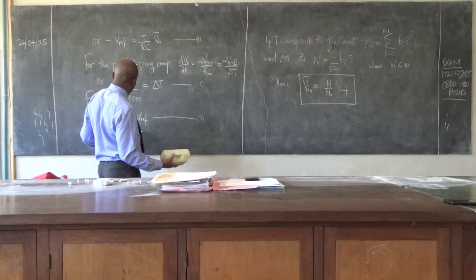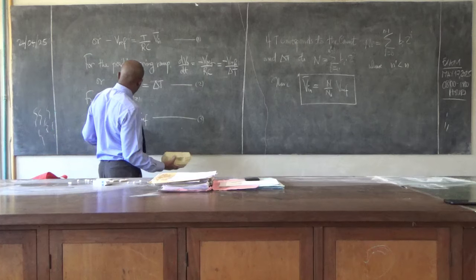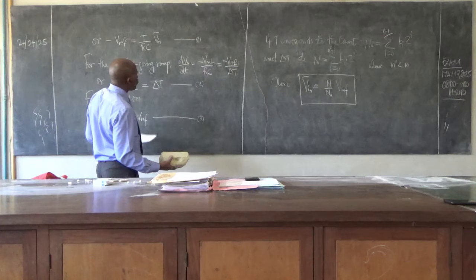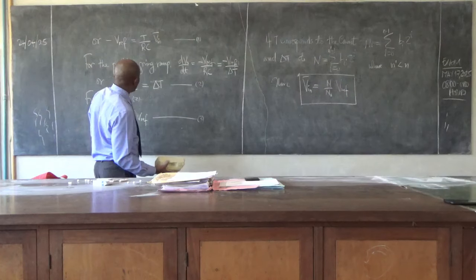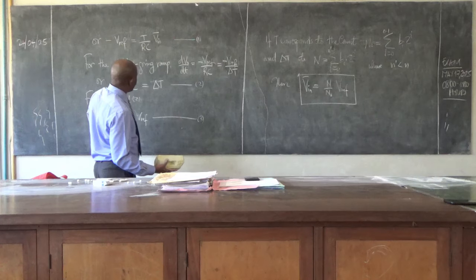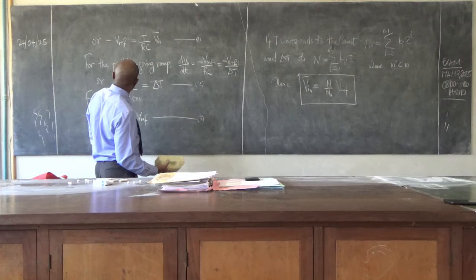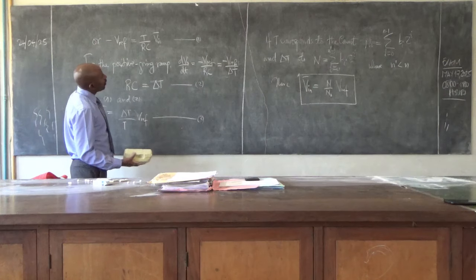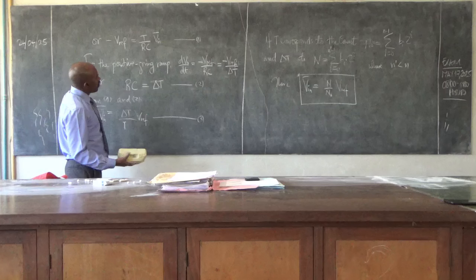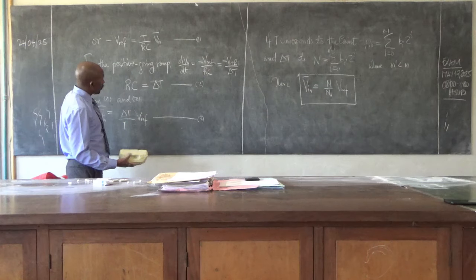This one here. Negative. If I consider 1 and 2, then I get delta T, V ref.